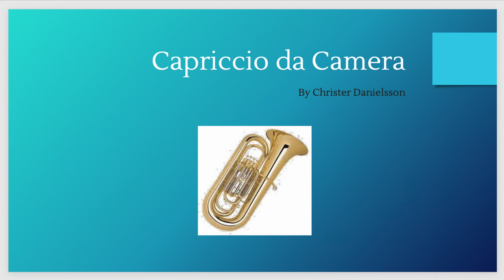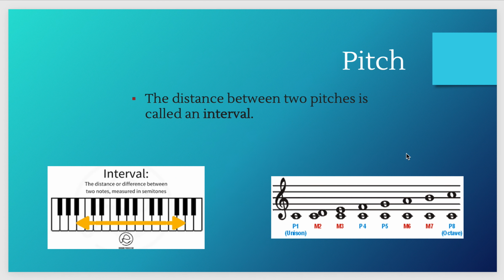Okay. All right, so the other thing we need to talk about is pitch. Pitch is a specific note. The thing we need to know about is that the distance between two pitches is called an interval. When everybody sings the same note together, we call that singing in unison.